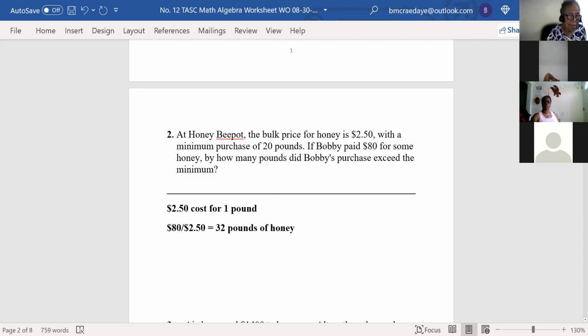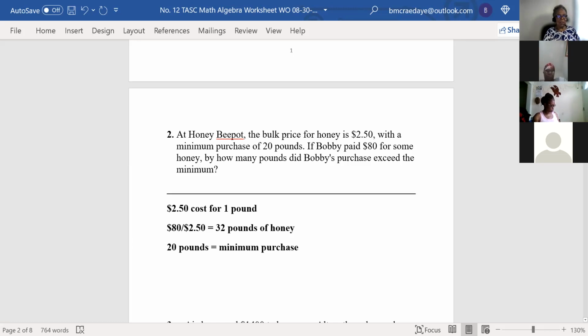All right. Now, if the minimum purchase was 20 pounds, Michelle, how do you find how many pounds he exceeded the minimum? Well, you would say 20 pounds, the minimum purchase, divided by 32.